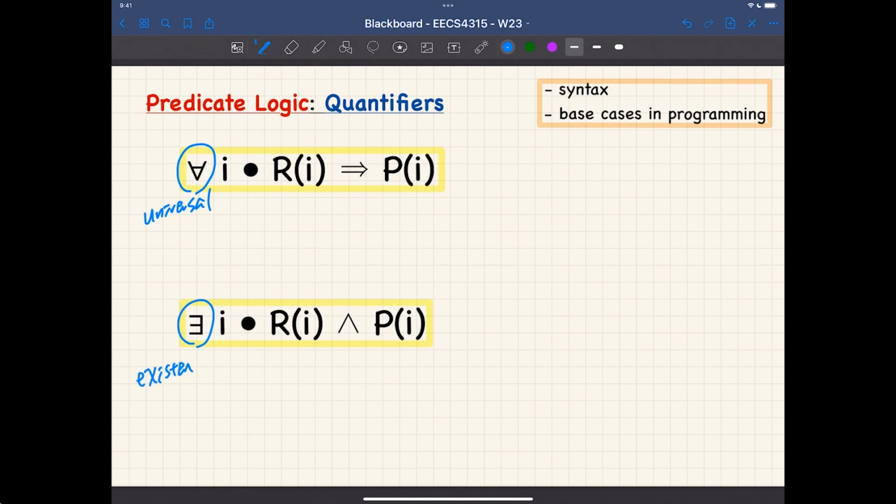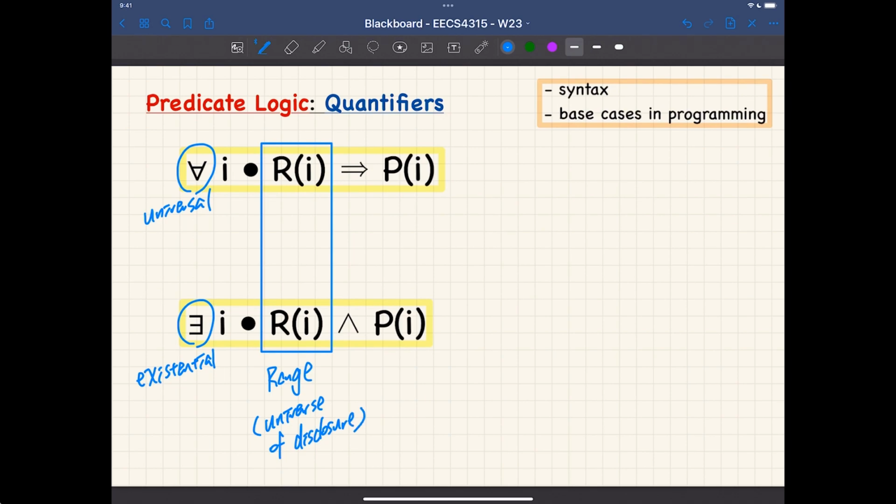Let's start with the very basic. The R over here is the range. That's really the range. And indeed, that's the universe of discourse that's really referred to in the slides.